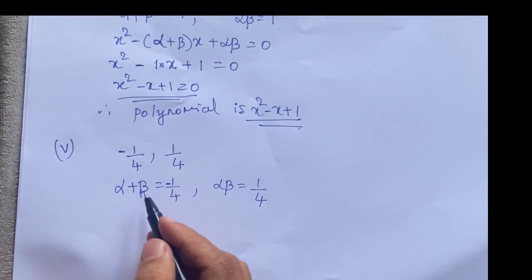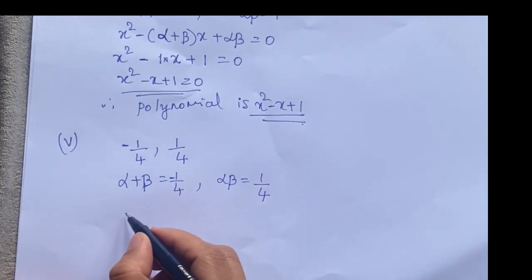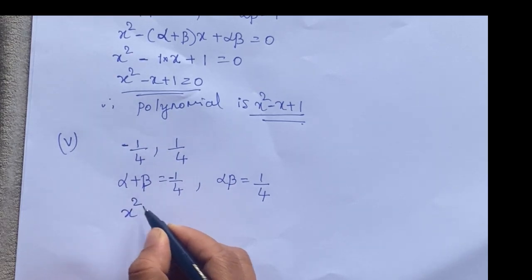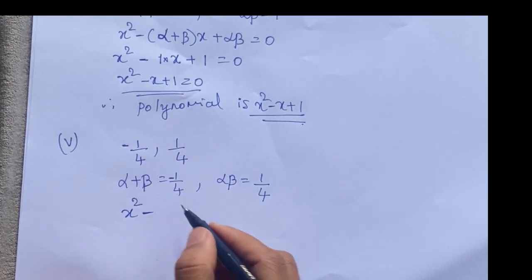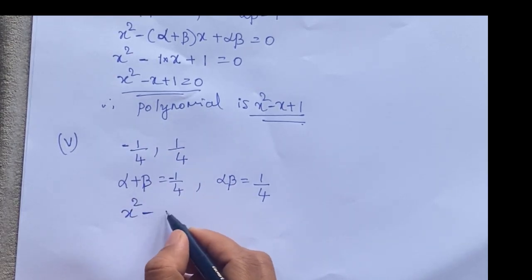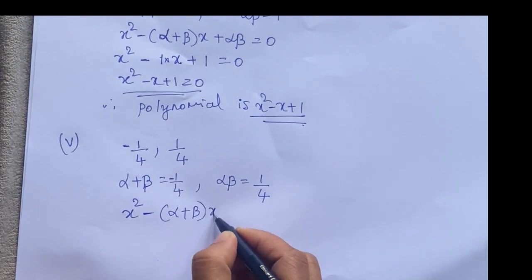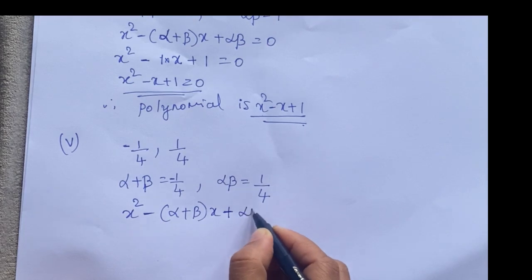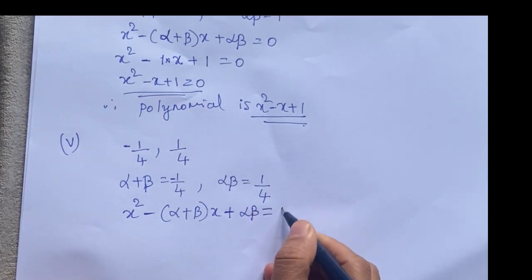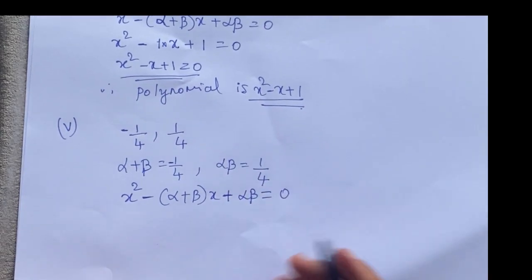Alpha and beta are the zeros of the required polynomial. The equation in terms of alpha beta is like this: x square minus alpha plus beta into x plus alpha beta is equal to 0.